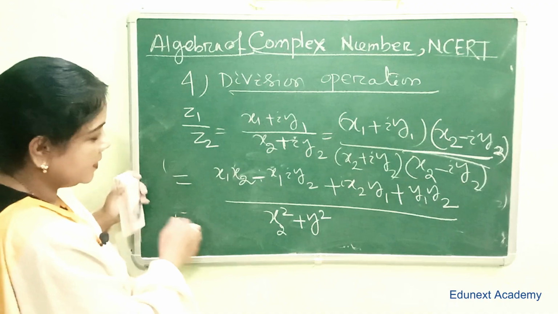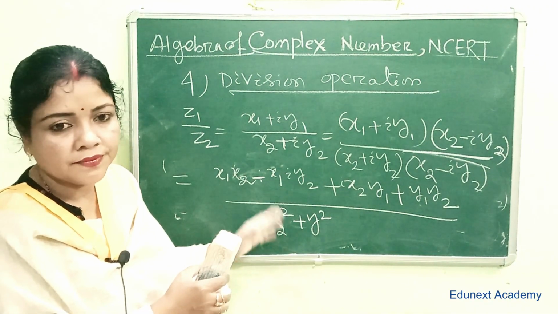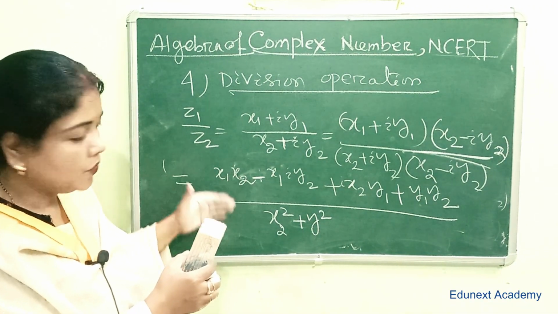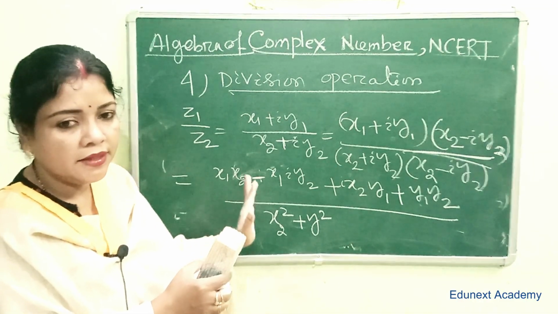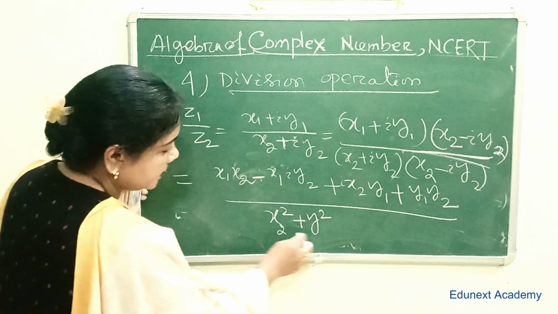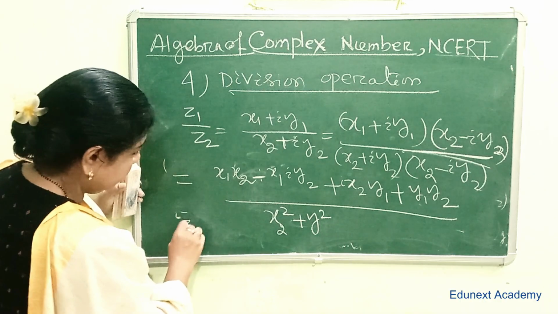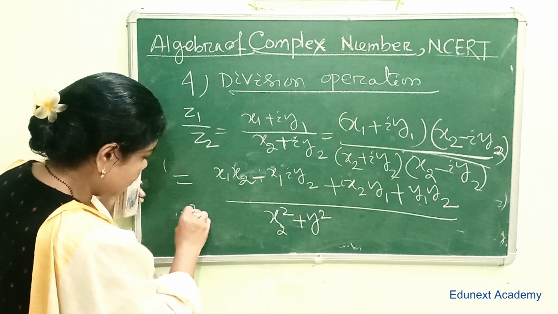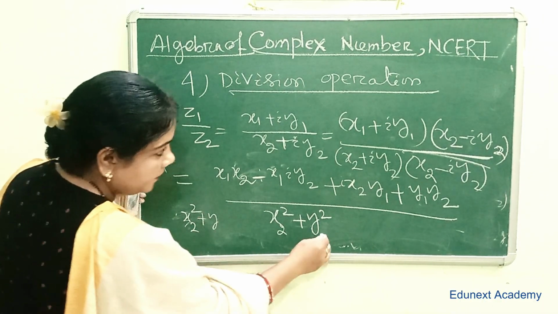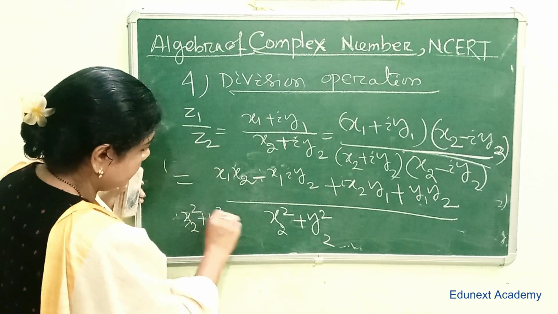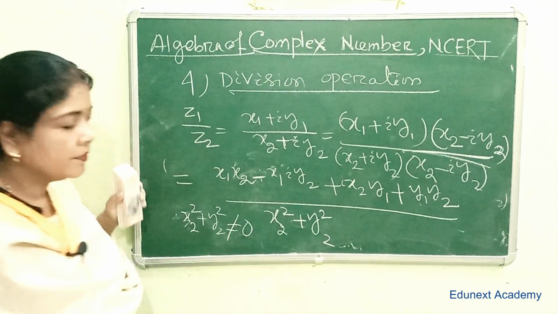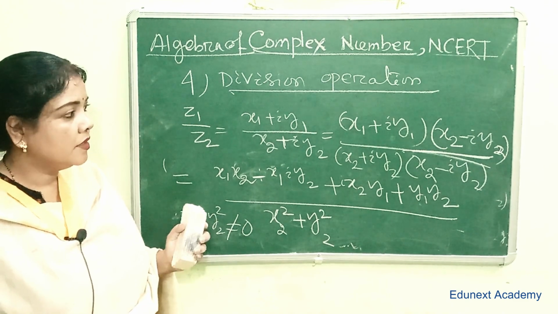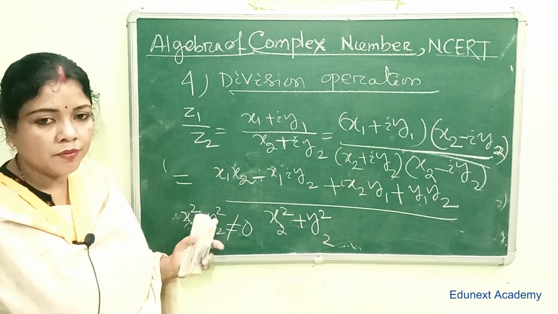Now see, you need to simplify this. Here the main thing is that x2 square plus y2 square should not be equal to 0. In this way, your division operation can be performed.